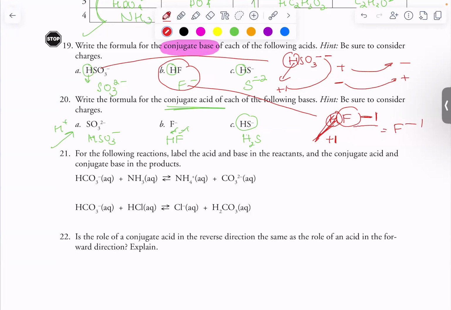And for this one, have a look. You have SO3 2 minus. You will add H positive. When you add H positive, you will add plus 1 here. So it would be minus 1. Okay, this is the key.